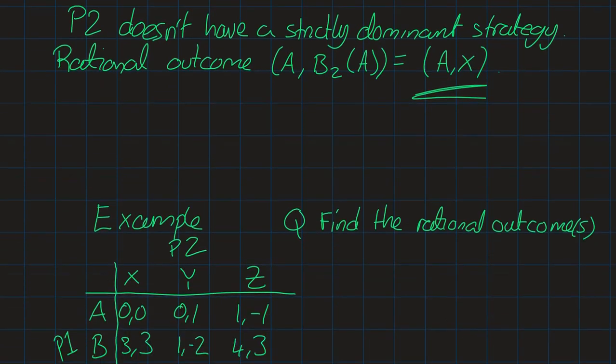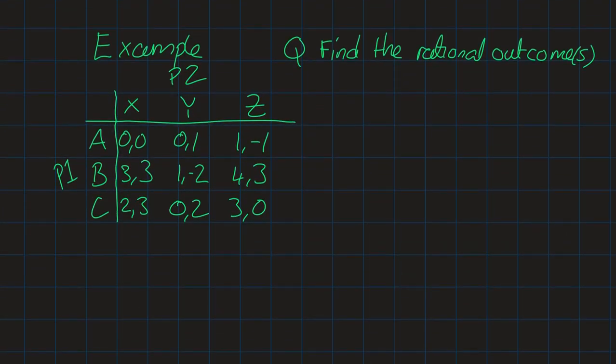Let's do one more example, maybe a slightly harder example. Same question: find the rational outcomes. I will skip ahead a little bit, and I will tell you that B is a strictly dominant strategy.